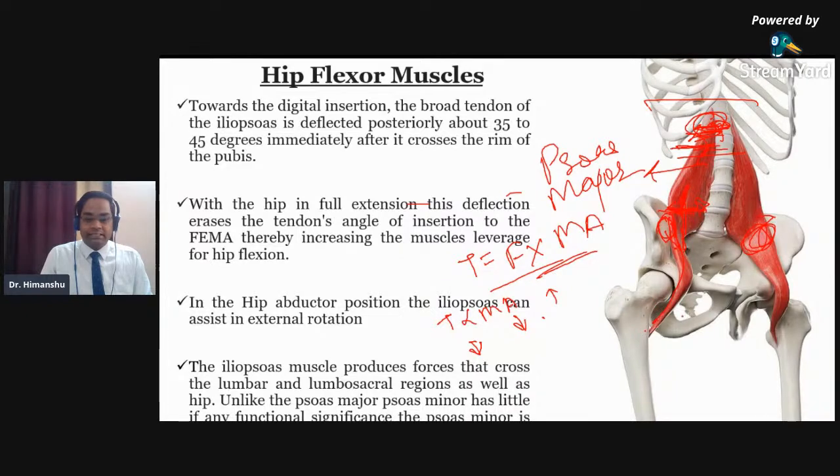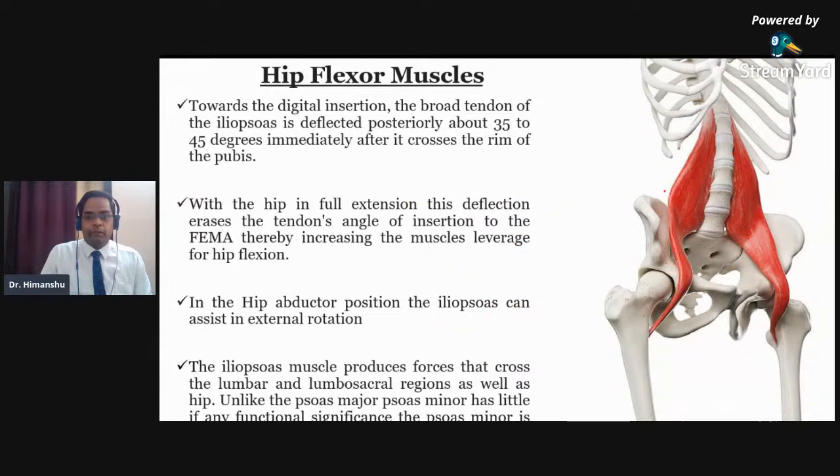Before it gets to the lesser trochanter, by this pubic ramus, this muscle gets deflected. Now if I plot an angle about this and this by the normal, this angle comes out to be nearly 35 degrees.